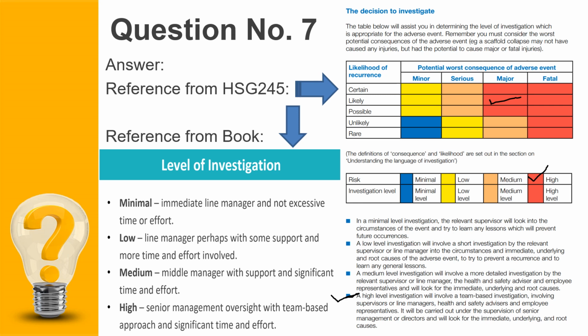It will be carried out under the supervision of senior management or directors, and will look for the immediate, underlying and root causes accordingly. So, guys, we made up our mind to go with the high level of investigation for this event. This is how you need to use this information to make up your mind on certain things. And now in the next slide, we are going to put forward these things formally in the answer part.